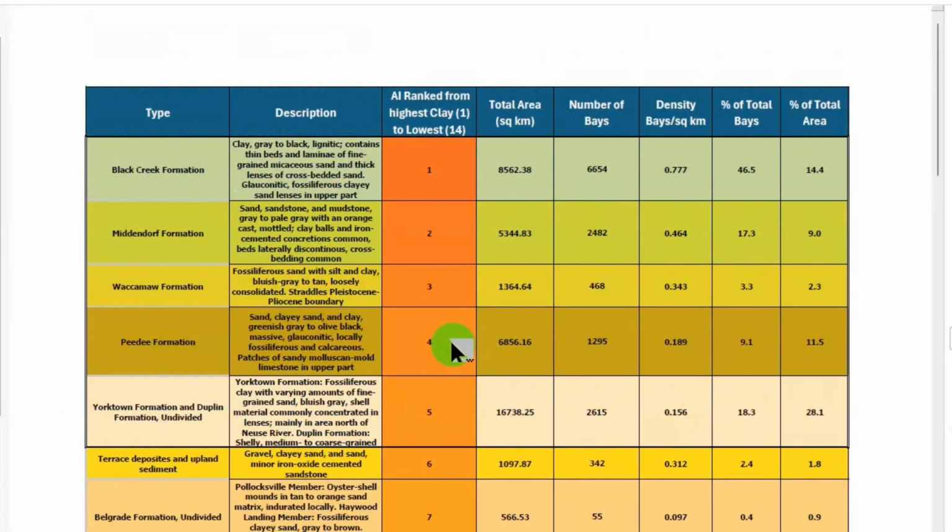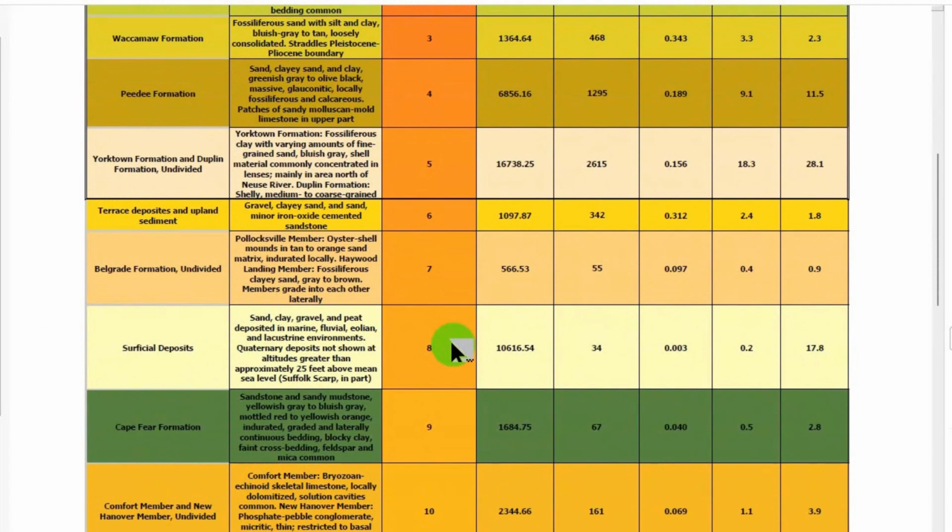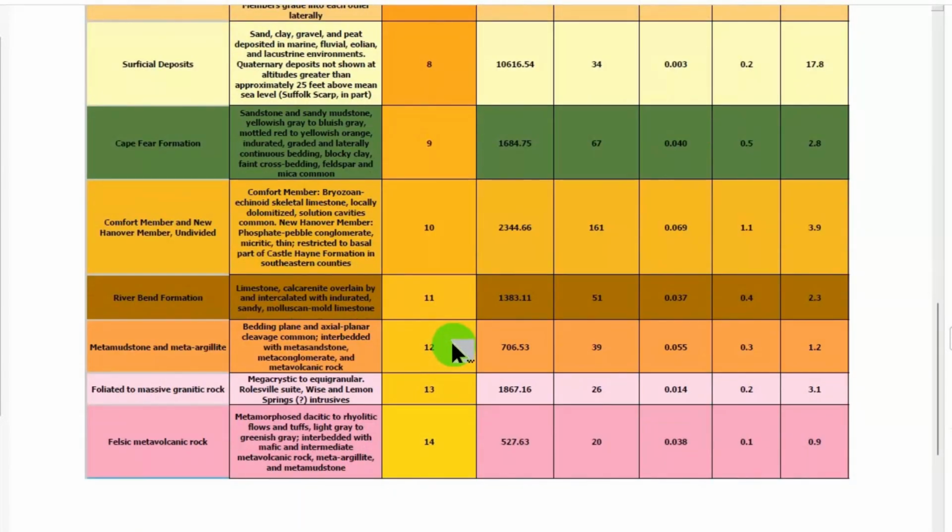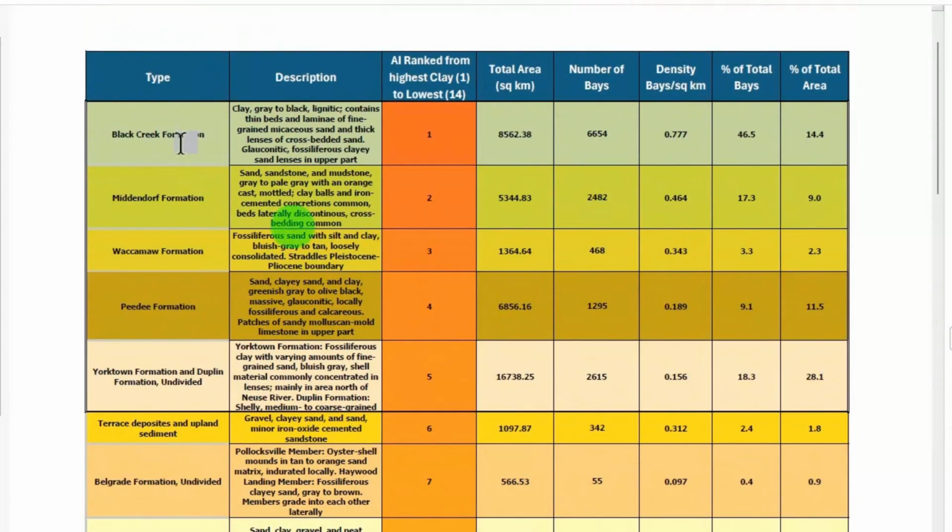So here's the actual list that I made of all the different formations, and the name of the formation, the description, this ranking, which I will discuss, the areas of those formations. Now, this is not the area of the individual bays, this is the land area of the formation.